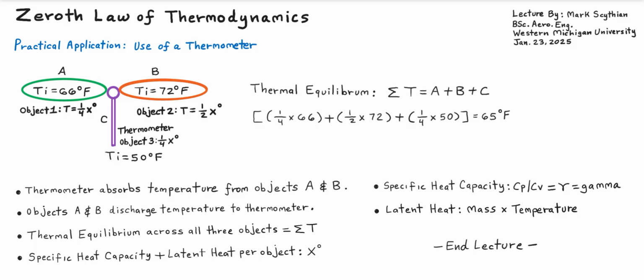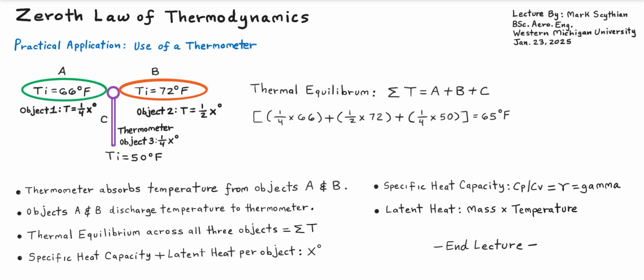So the temperature of the thermometer's reading is not just absorbing heat from the two objects A and B, but also losing or transferring its base value, which is in this case set at a lower temperature. So if this was an analog mercury-based thermometer, it would have to be set below or about room temperature or less.